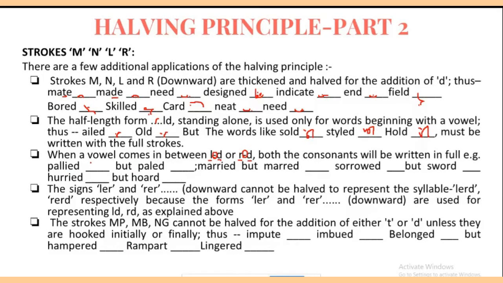For example, pallid, P, L, and D. There is a vowel. But paled, in this, there is only one syllable. L will be written downward. This is not a vowel. It is not being pronounced.